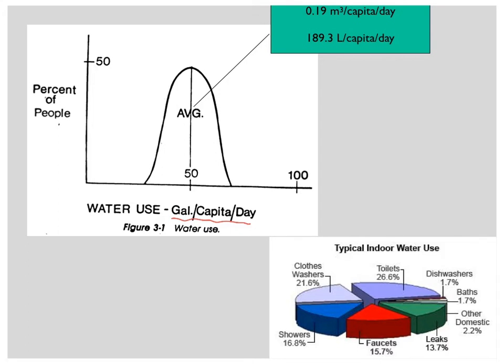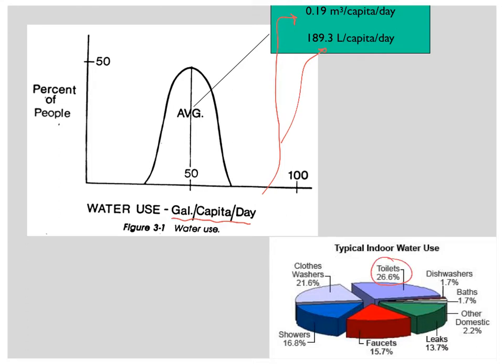If we convert that into liters per person per day, it's about 190 liters per capita per day, or 0.19 cubic meters per person per day. This is typical water use, and we can think of the fact that 100% of that is going to be transmitted as wastewater.